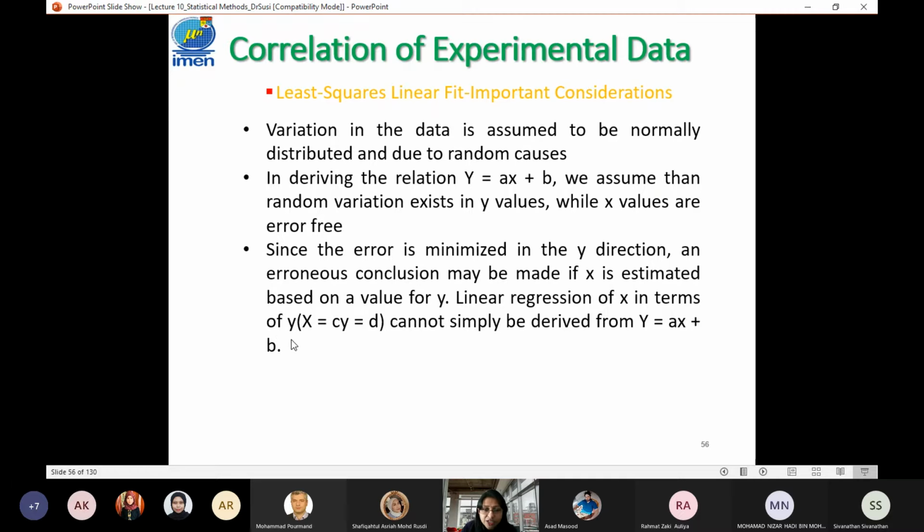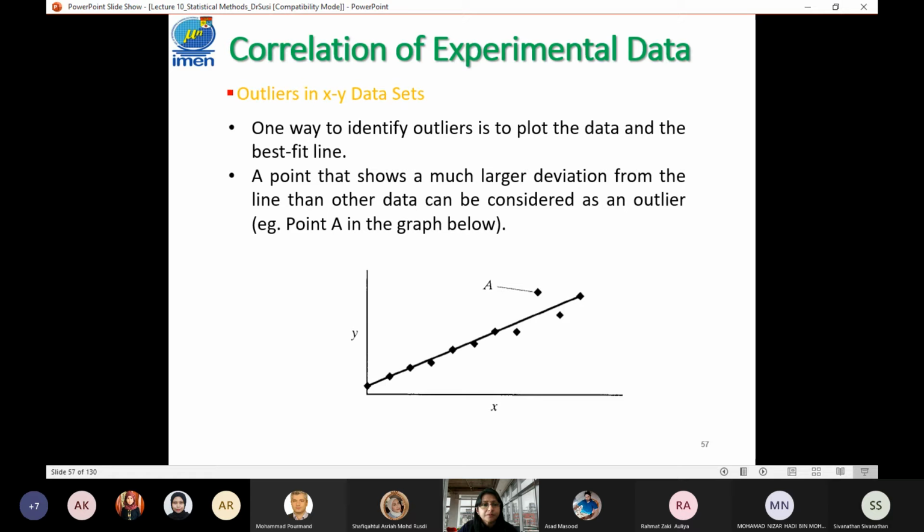It's wrong, right? So this is for this kind of equation, y equals ax plus b. Linear regression of x in terms of y cannot be derived simply from changing. You can't make x equals cy plus d. You cannot change it back like in mathematics. It's not right. That is something that you need to be careful about.